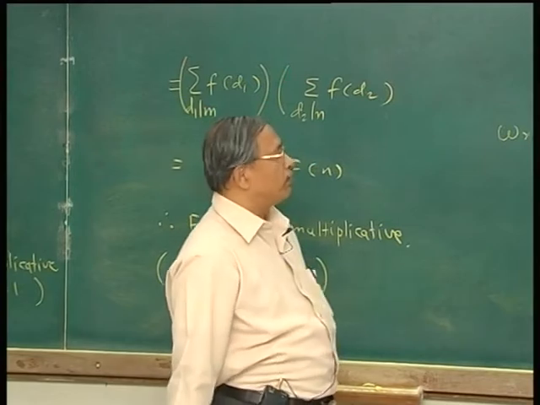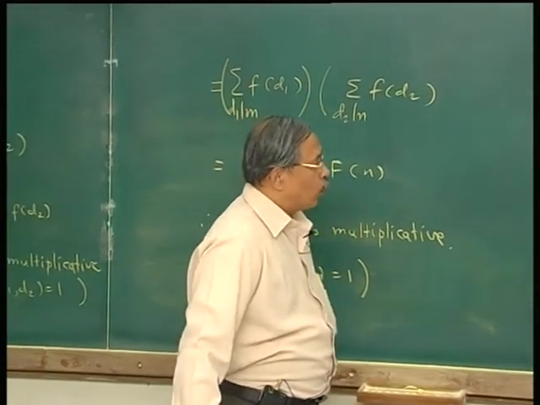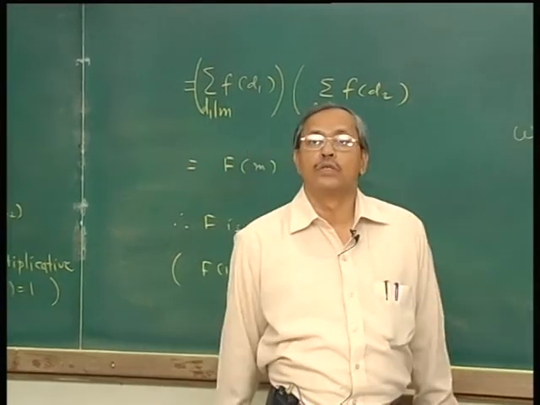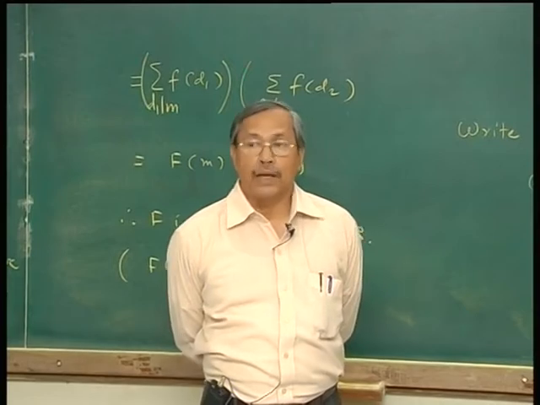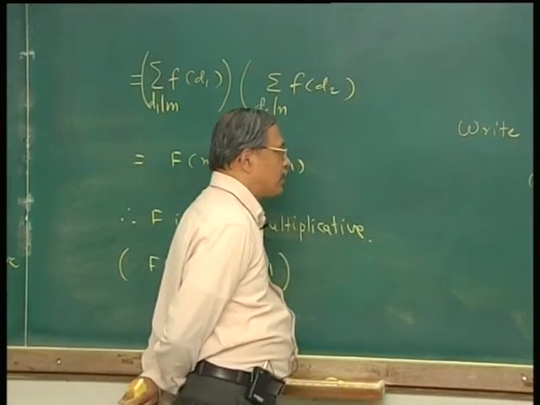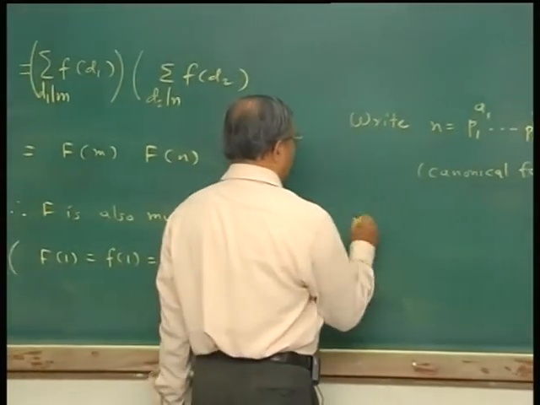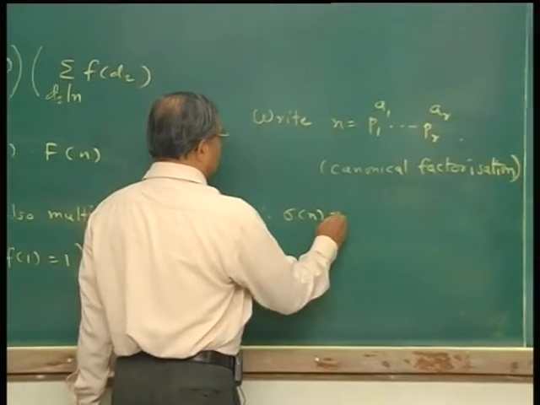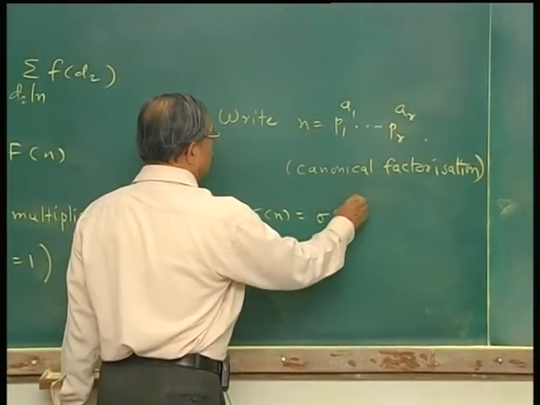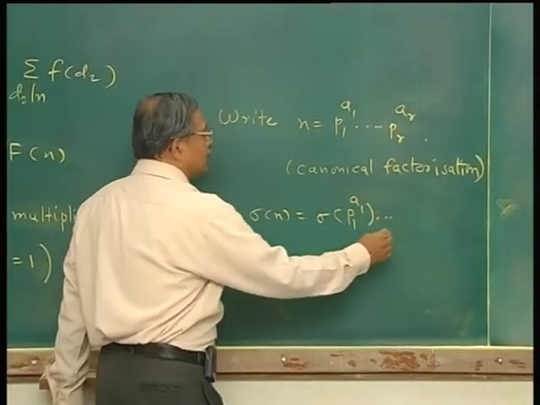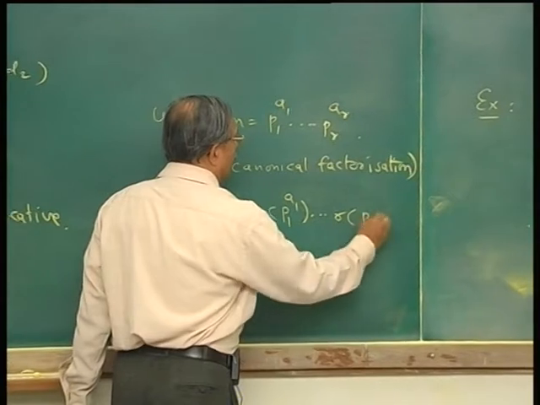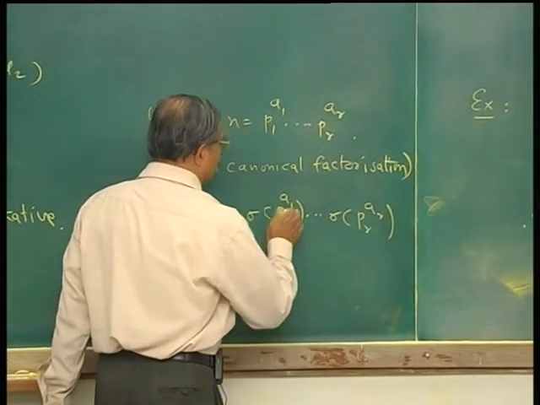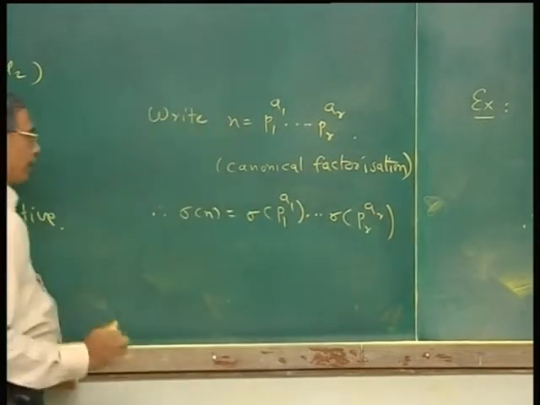So the values of the function are known if you know the values of the function at prime powers. That is what we shall be using here. Therefore, sigma of n is equal to sigma of p1 raised to a1 etc. sigma of pr raised to ar, because these are mutually co-prime.